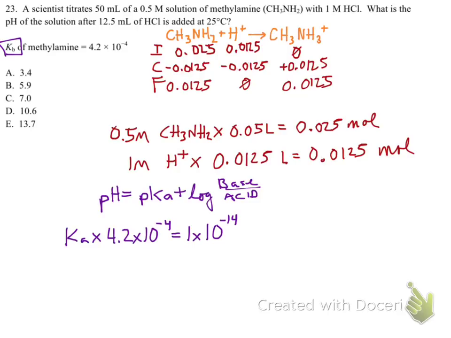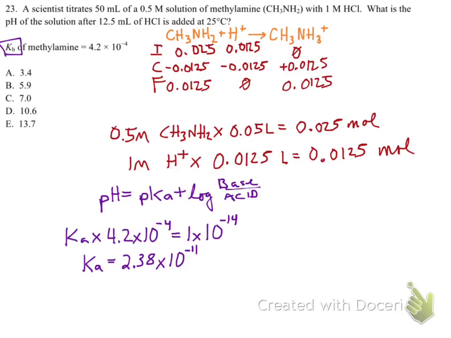So we'll divide each side by the Kb. We'll end up getting that the Ka that we're going to use for this problem is equal to 2.38 times 10 to the negative 11th.